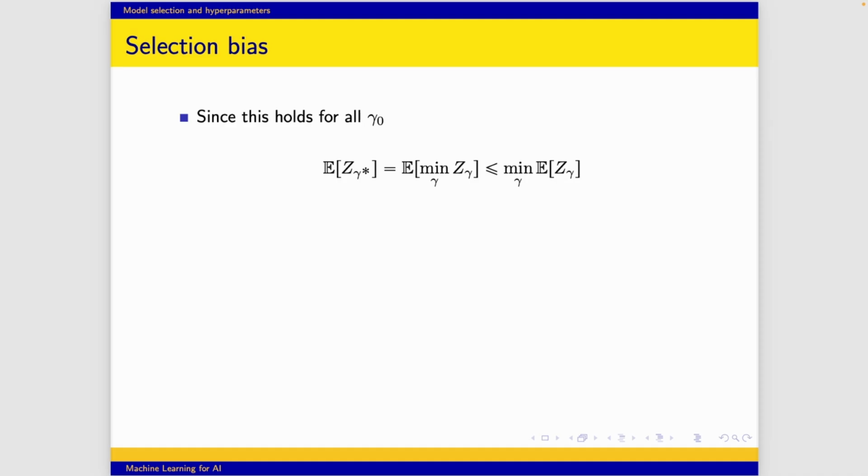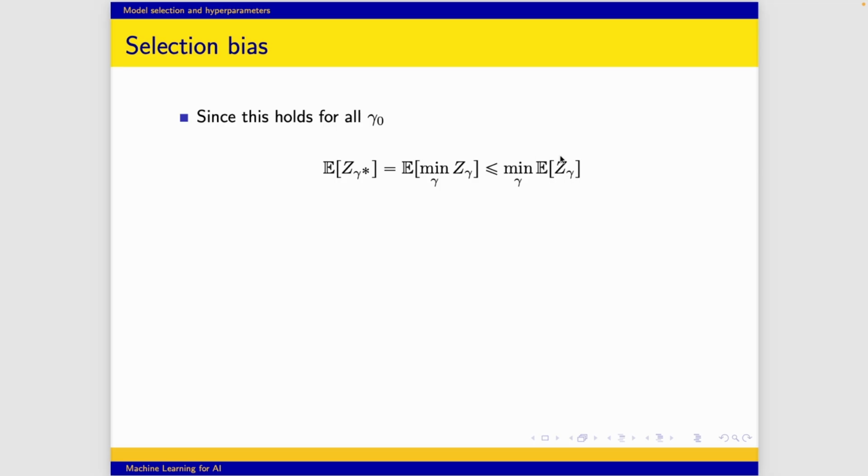Okay, so what is this telling us? Well, Z gamma star is a random variable. And what is it equal to? It's equal to the minimum of Z gamma over all gamma. And what we're asking here is what is the expected value of this minimum, in relation to the expected values of the empirical risk of the empirical risk minimizers for different gammas.